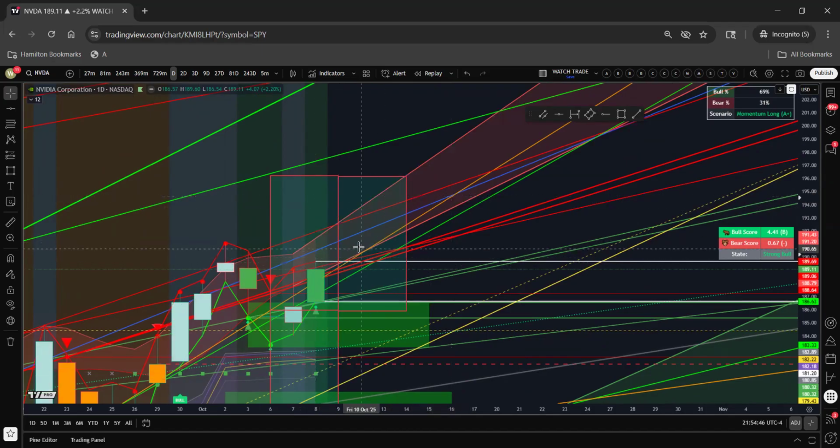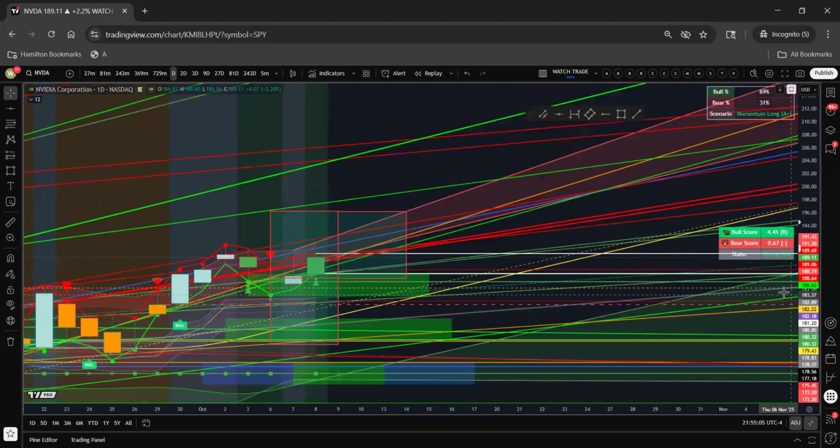So if we keep melting up by Thursday, we should be at 193.35 and 194.65 by Thursday of next week, if NVIDIA continues to melt up. Any other tickers, guys? It's still bullish.